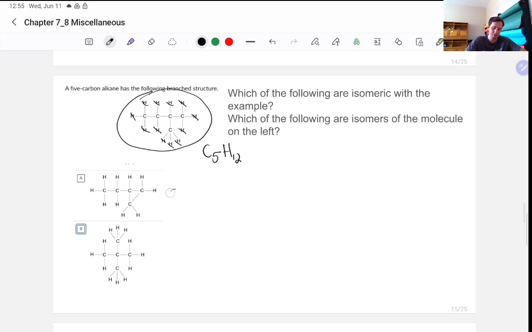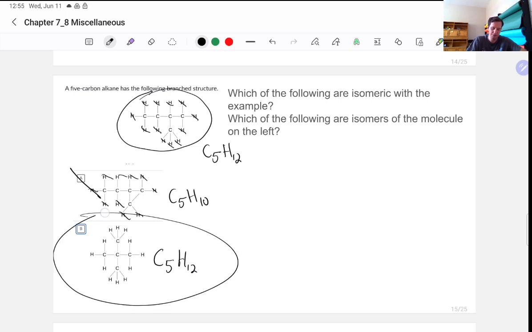So if you look at these, for example, option A is C5, but then there's only 1, 2, 3, 4, 5, 6, 7, 8, 9, 10. H10, that's not an isomer because it's a different formula. But if you were to count down here, it is C5H12, so this is an isomer.